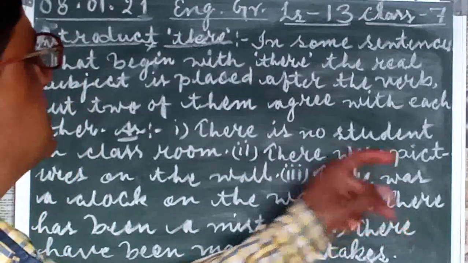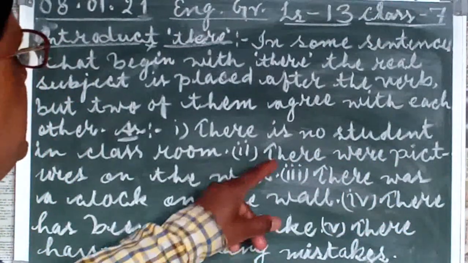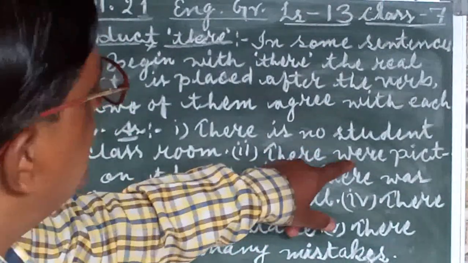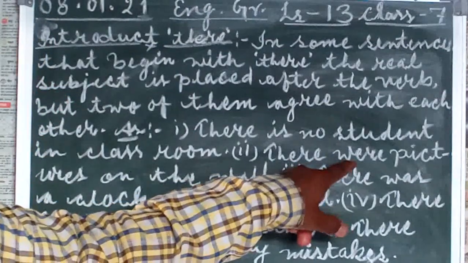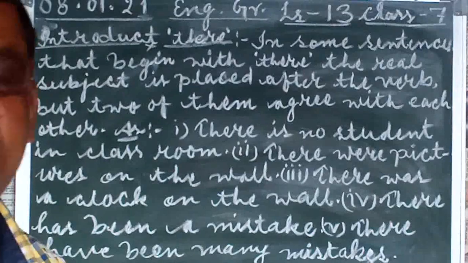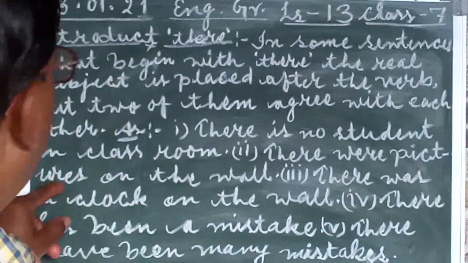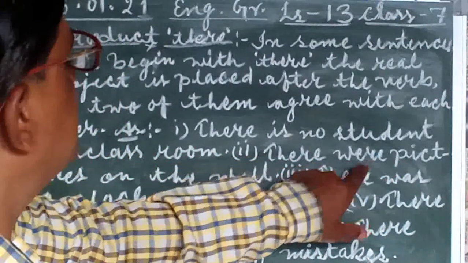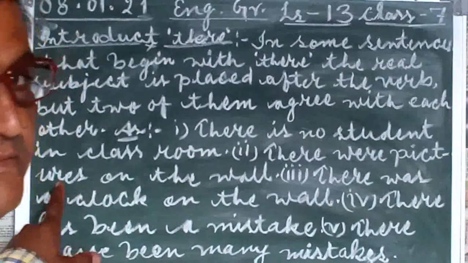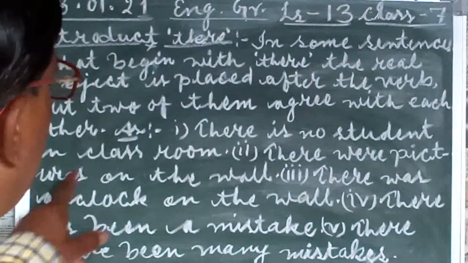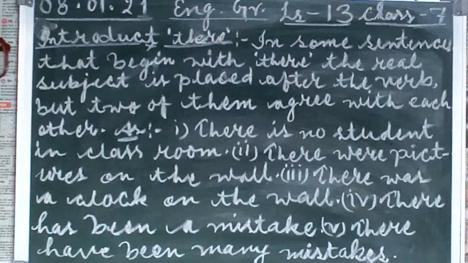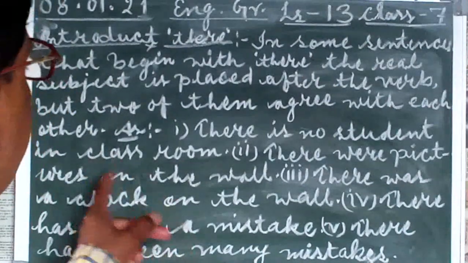Here "there" is the introductory word, "were" is the verb, and "pictures" is the subject. The verb is plural and the subject is also plural, so both agree with each other.